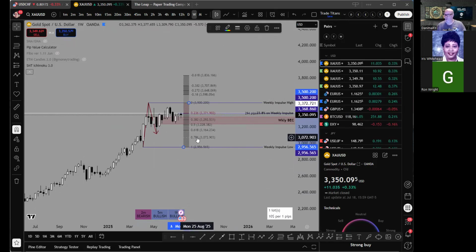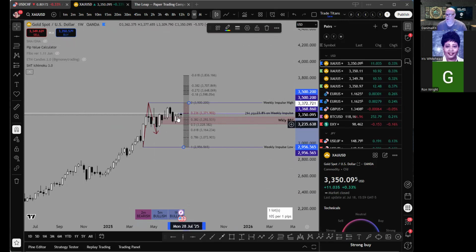So on the weekly, I decided instead of just using a candlestick, I'm going to go with that whole impulse. And let's see if we come up with the same thing that Jim Money was talking about today.